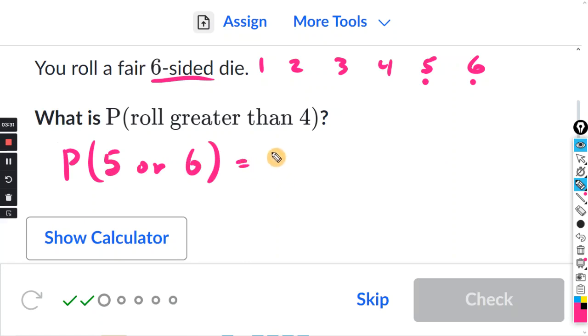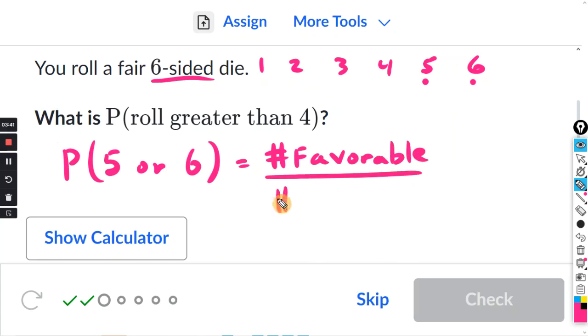All right, and we said the formula is number of favorable divided by number of possible. How many favorable outcomes? Well, there's a 5 or there's a 6. That's 2 favorable outcomes.